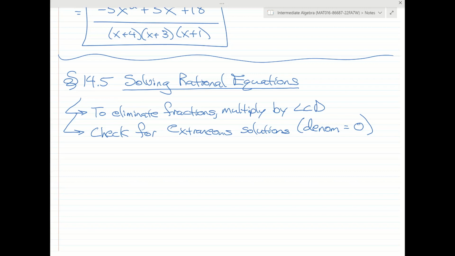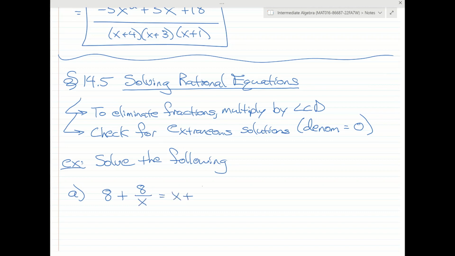Okay. So I have a few problems here we'll work through. Say if I asked you to solve the following. All right, and let's say we had 8 plus 8 over x is equal to x plus 6.